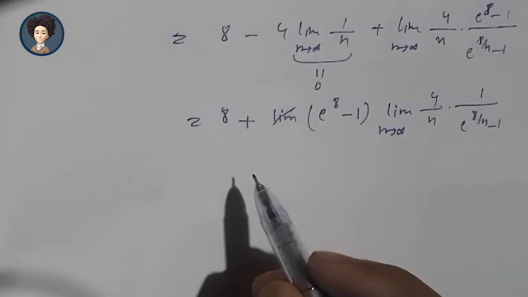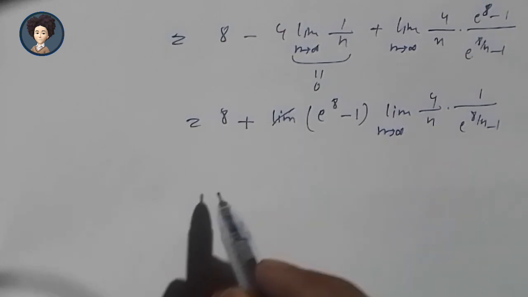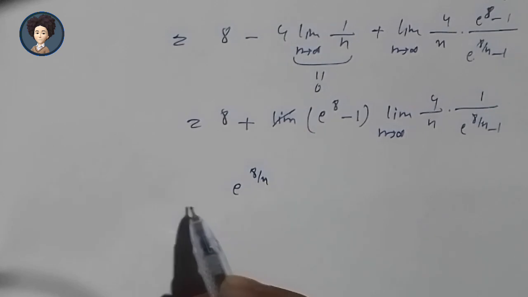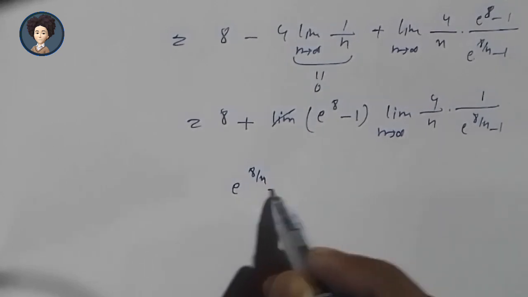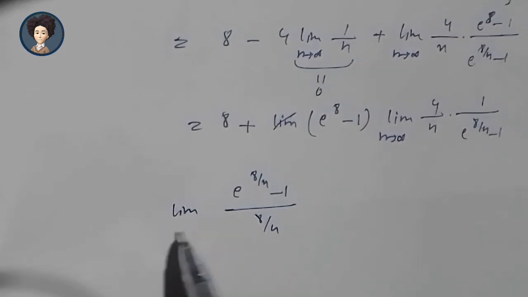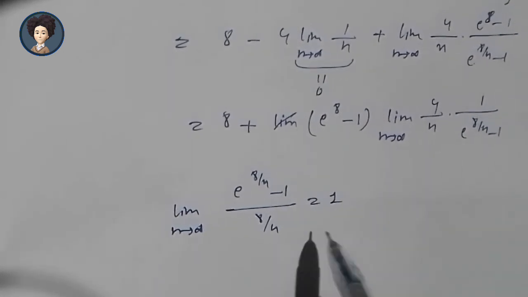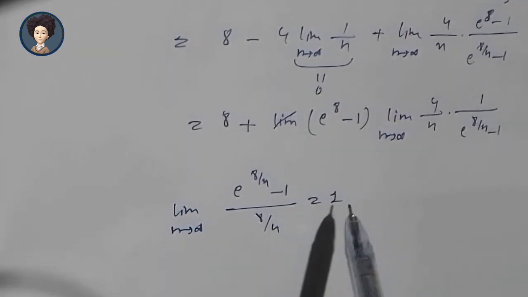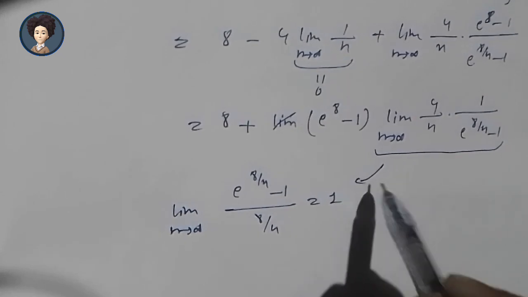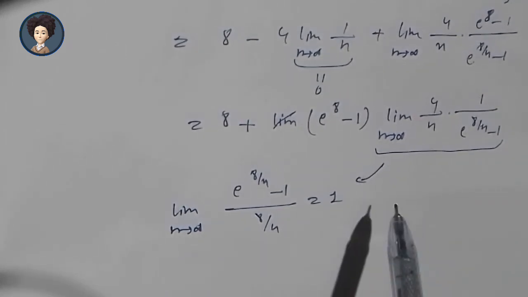Now what I'm going to do is make this one as e to the power 8 by n minus 1 divided by 8 by n as the limit n tends to infinity, then it becomes 1, isn't it? So my intention is to make this into that form. Do you get it?